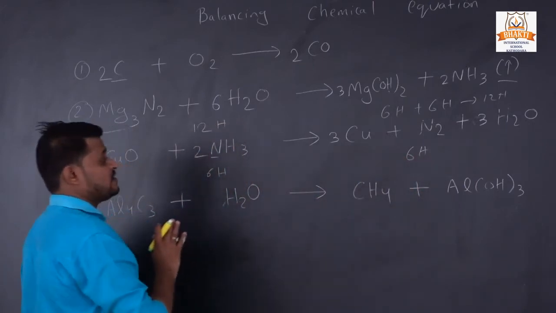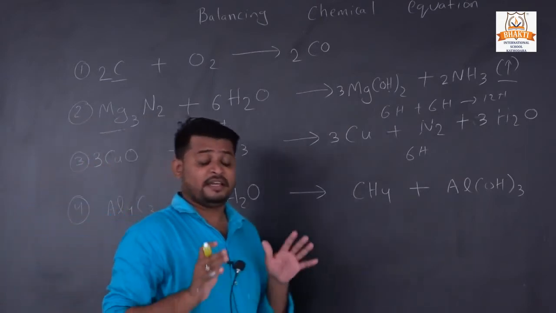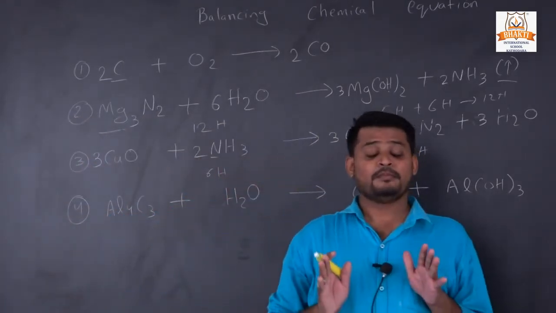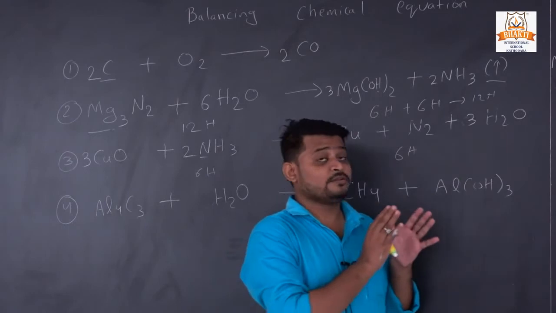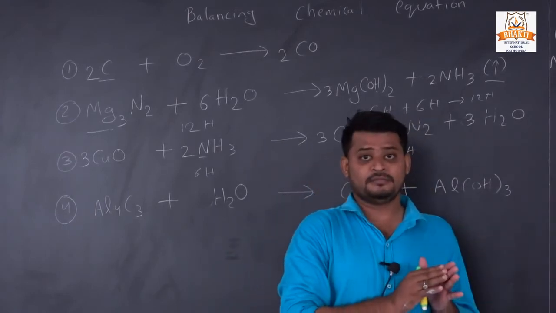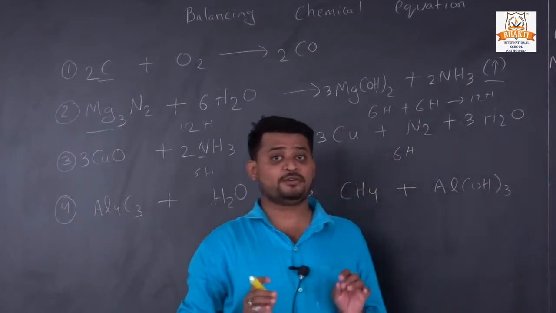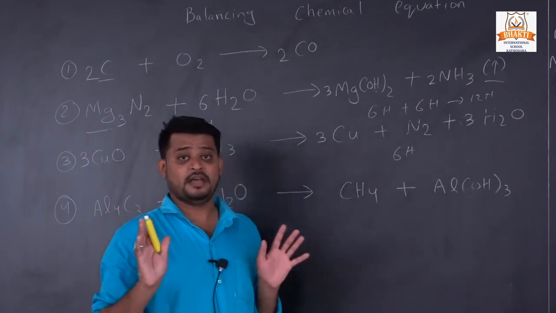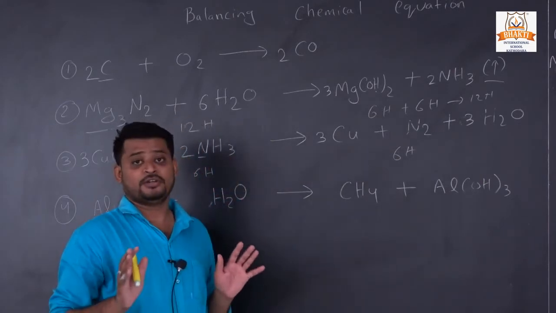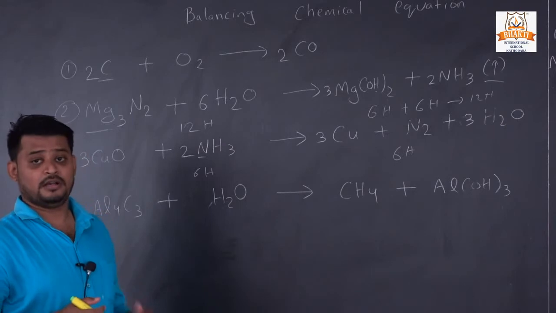So this equation is also balanced. It was the lengthy method, but if you do it properly, then it is the easiest way to balance any equation, and you will never have difficulty balancing any chemical equation.